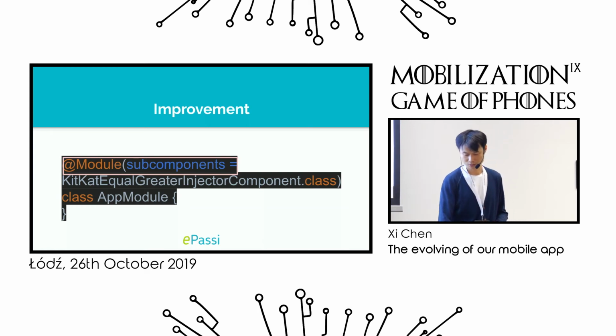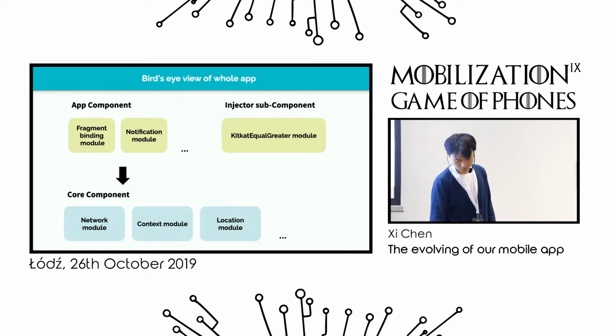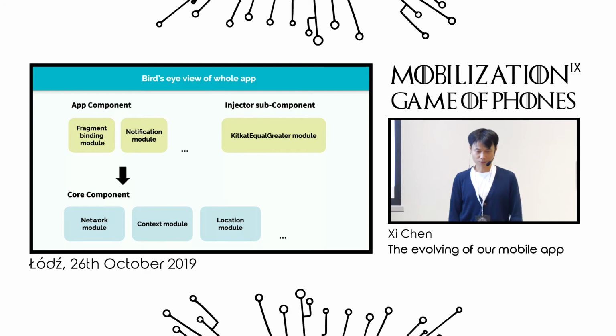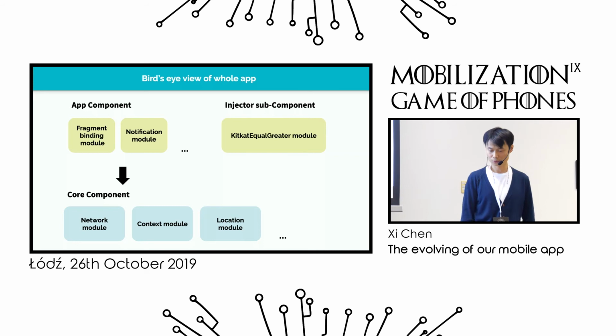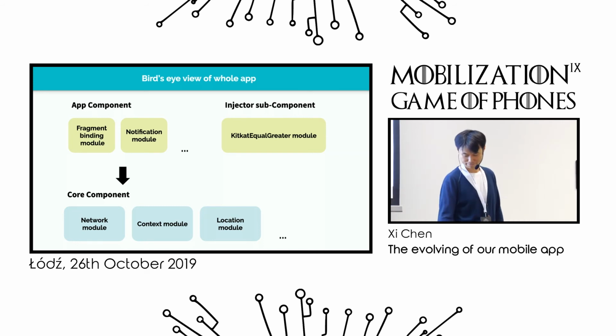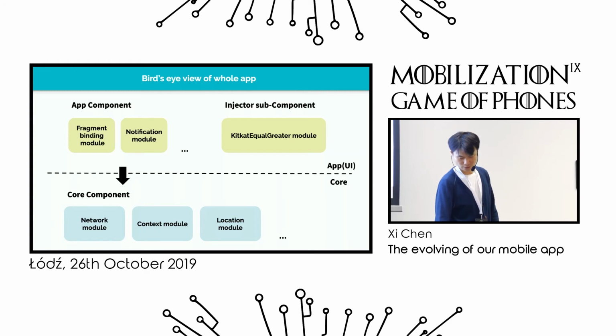So it's an alternative way of doing the same if-else condition thing. And this is the whole picture of Dagger elements in our project, like a bird's eye view. And we have two modules.